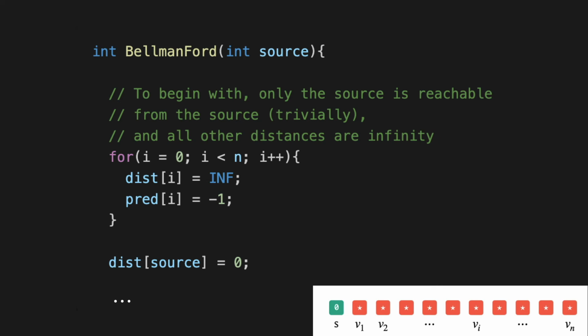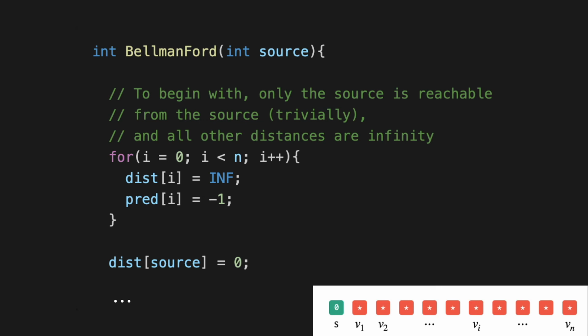As always, we have a distance array which is initialized so that every value is some very large number, which is identified by this constant inf, but we always remember to initialize the distance of the source to 0, and here you could also say that the predecessor of the source is the source vertex itself.